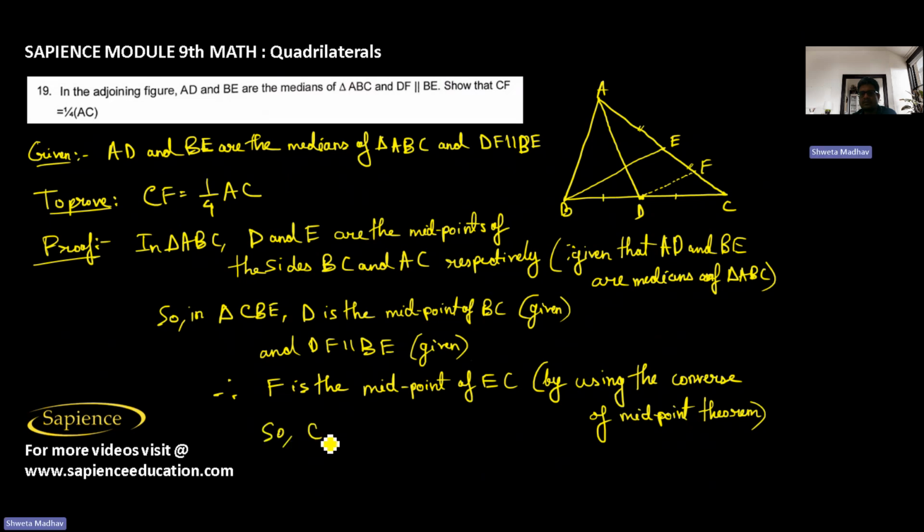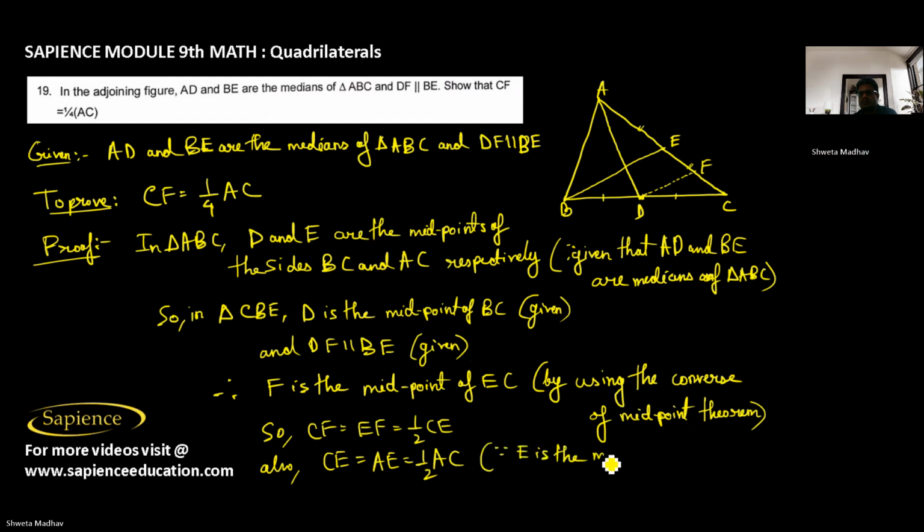So I can say that CF equals EF, that is equal to half of CE. And also CE equals AE equals half of AC, since E is the midpoint of AC.